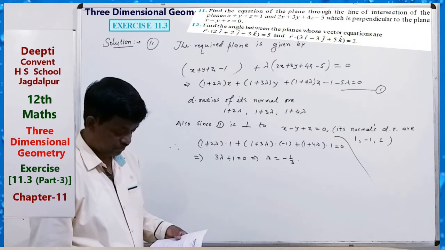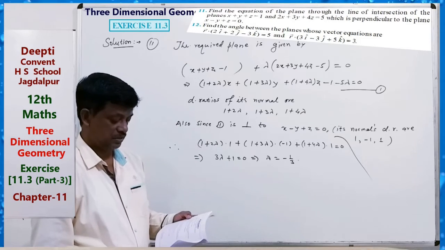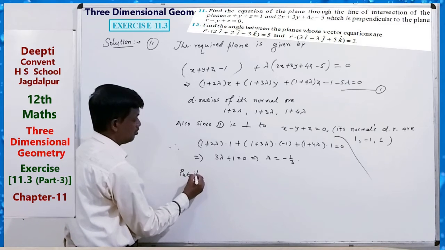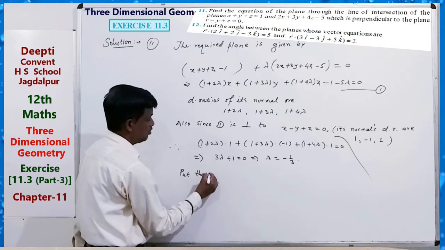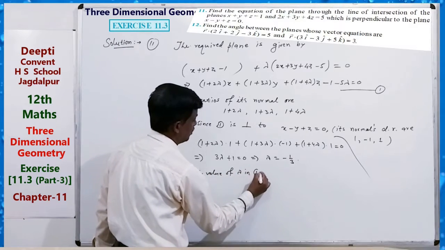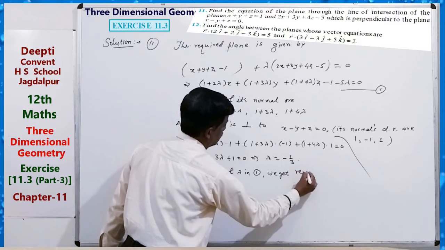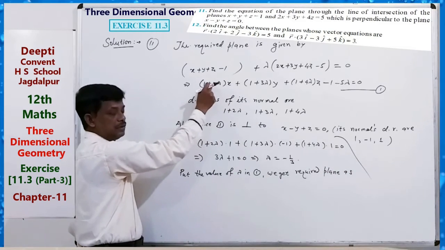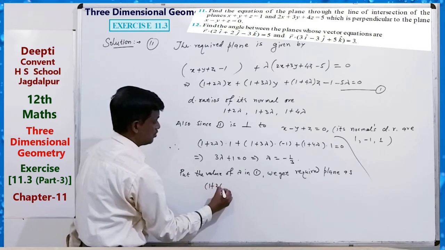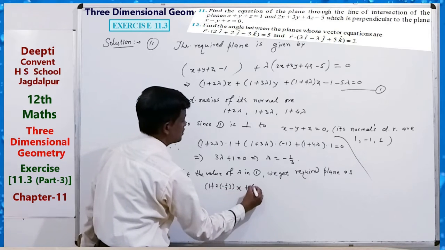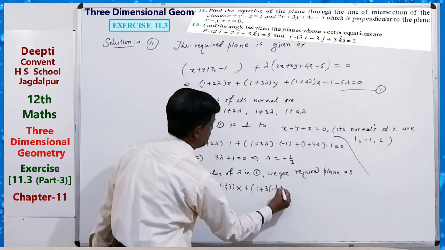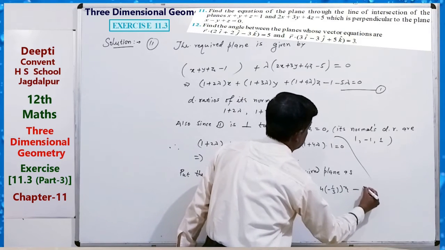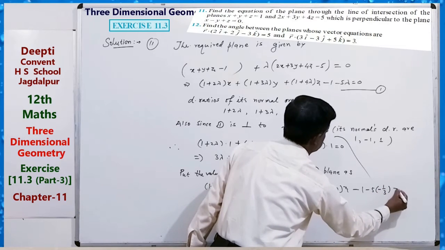Substitute this value of lambda in the required plane equation. With lambda equal to minus 1 by 3, we get (1 plus 2 into minus 1 by 3) x plus (1 plus 3 into minus 1 by 3) y plus (1 plus 4 into minus 1 by 3) z minus 1 minus 5 into minus 1 by 3 equals 0.